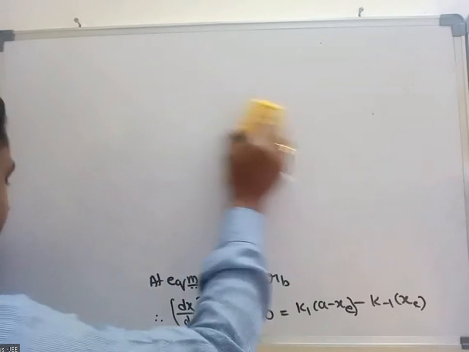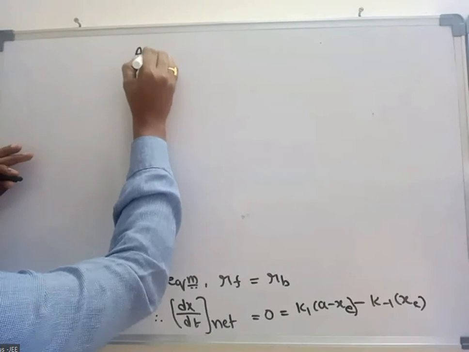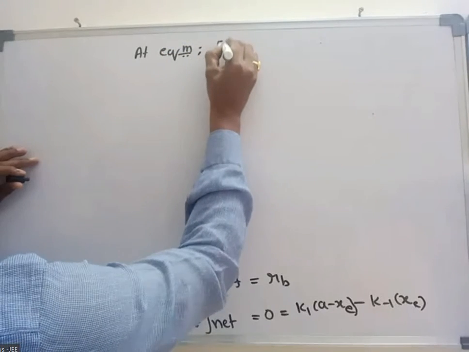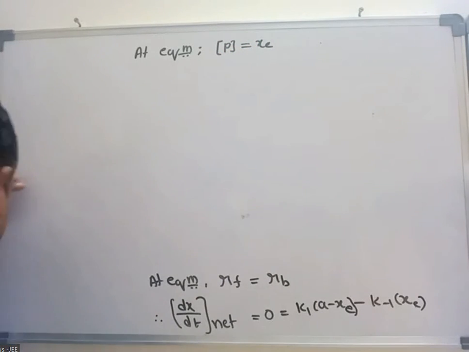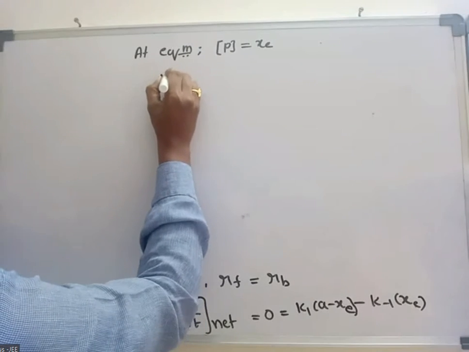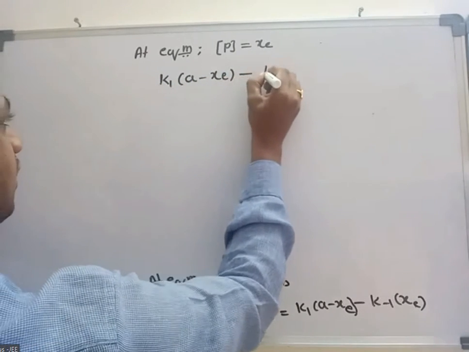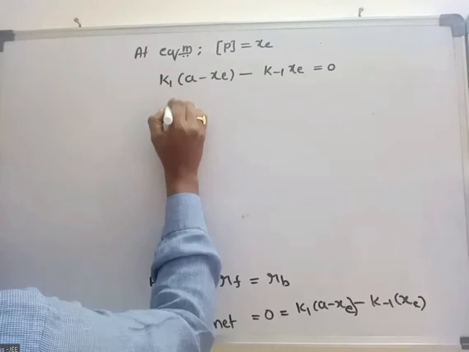At equilibrium, concentration of products equal to Xe. K1 into (A minus Xe) minus K minus 1 into Xe equal to 0.